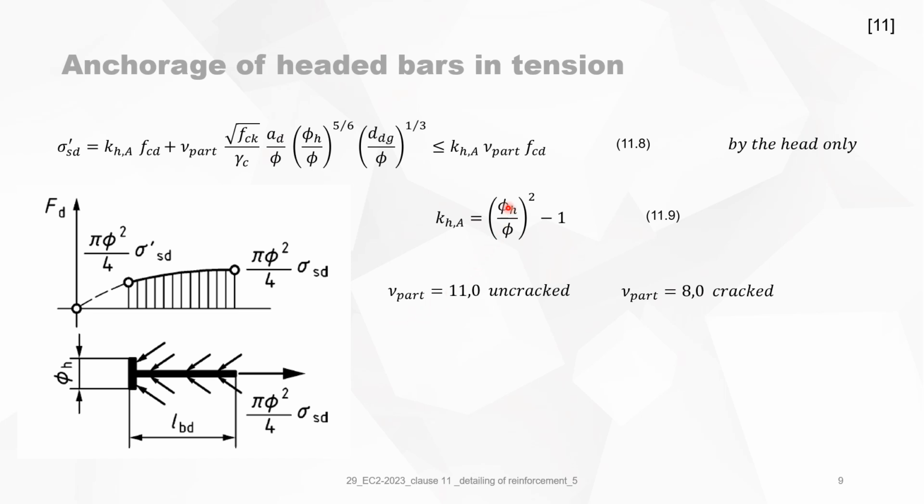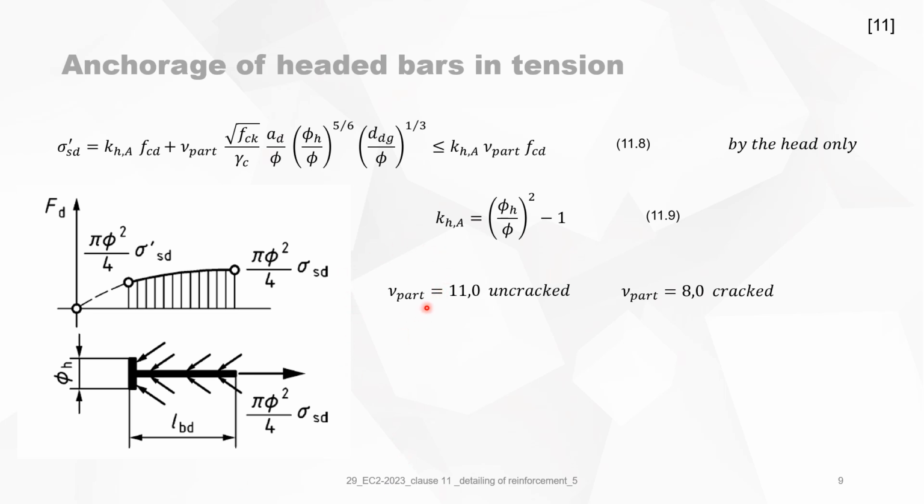You see that if VH equals V, then this part is 0. And then you will see here, it must be smaller than 0, which cannot be the case. So it means that if your head is the same size as the rebar, the resistance of the head is 0, which is completely logical.